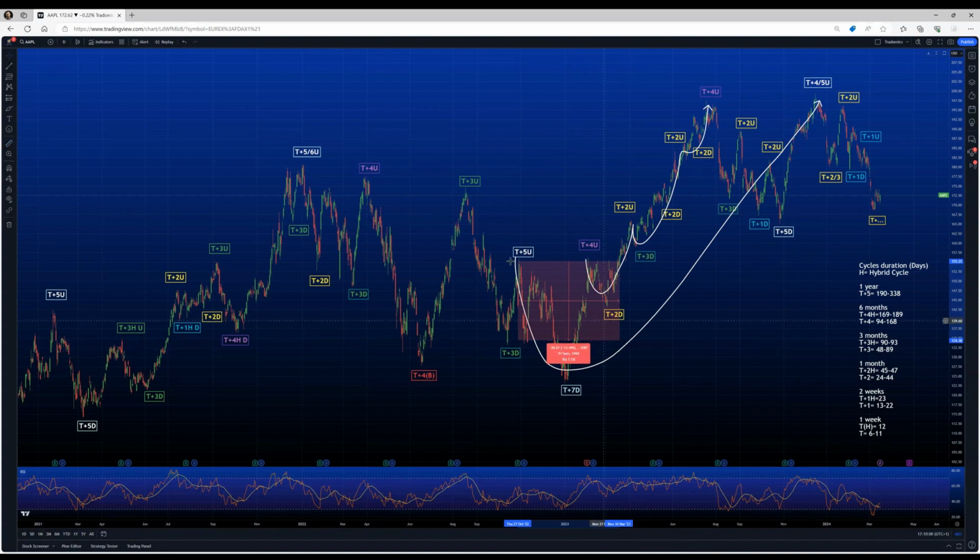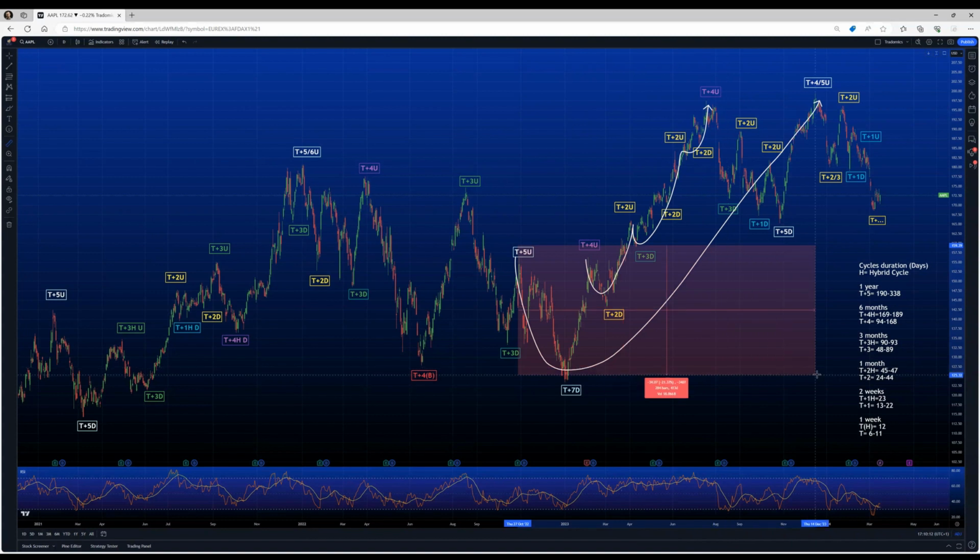And as you can see, the extension of the gains has been to the upper side for a total duration, in this case, of 284 days.